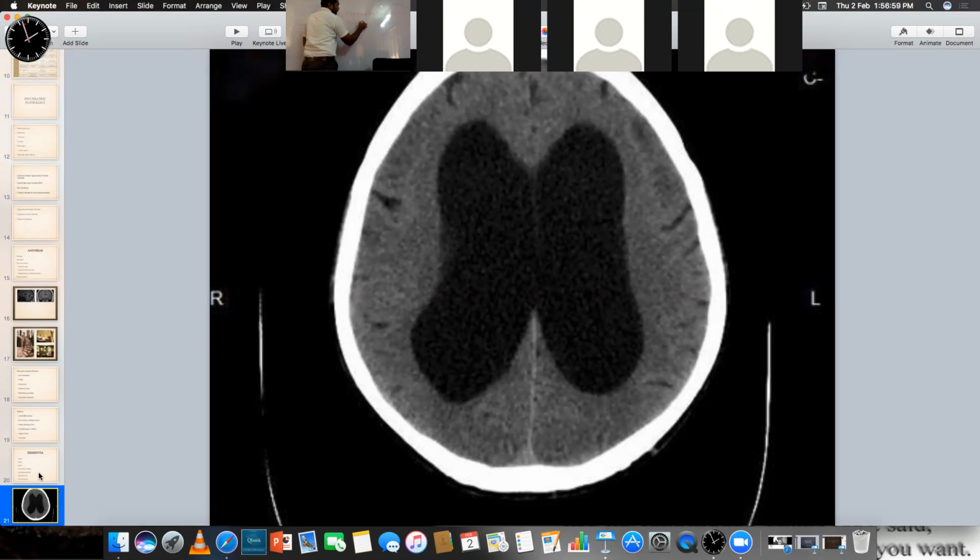Increased size of the ventricles and corresponding normal pressure of the CSF. Okay. Now, for some reason, the arachnoid granulations are not absorbing the CSF that is produced every day. So what happens is this CSF builds up.